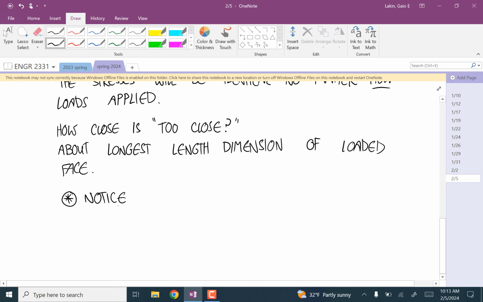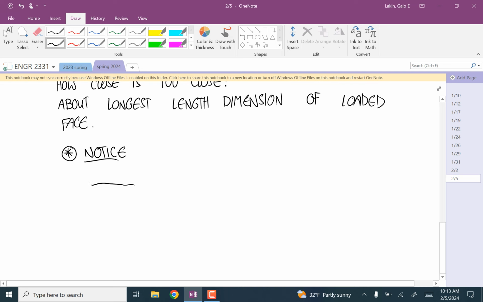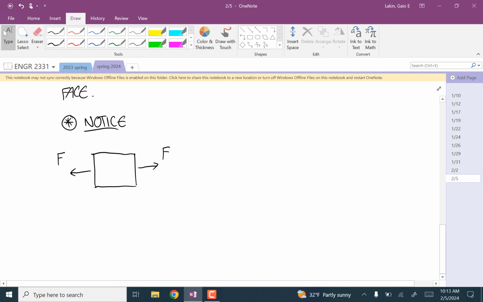So if you have a body like this, we're not going to ever be able to calculate the stresses inside this material because there are no points anywhere that are that dimension away from the loaded face.